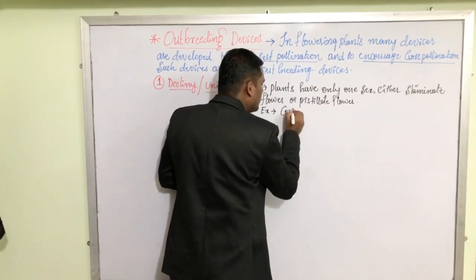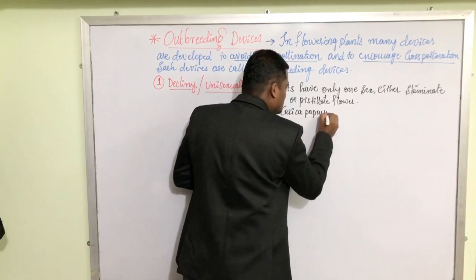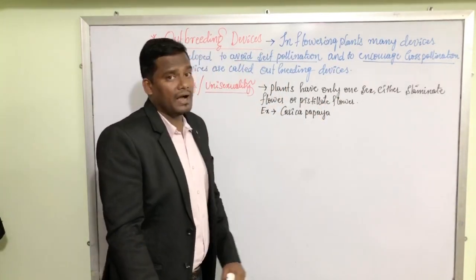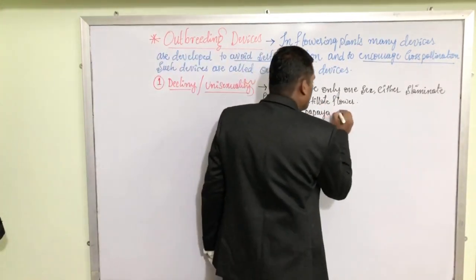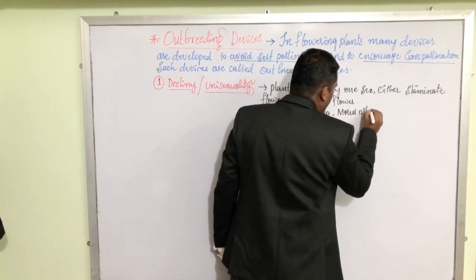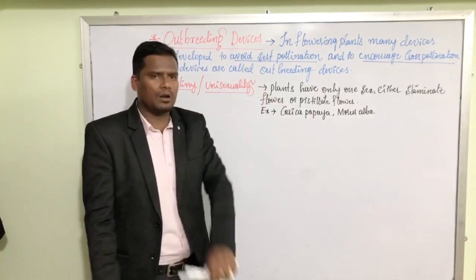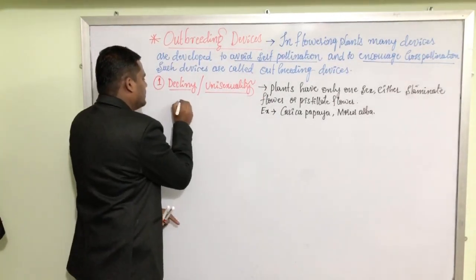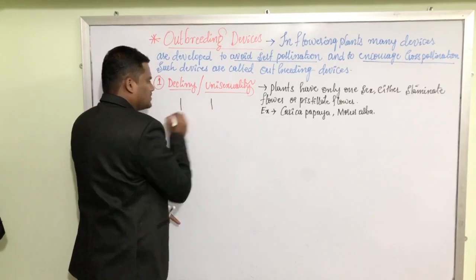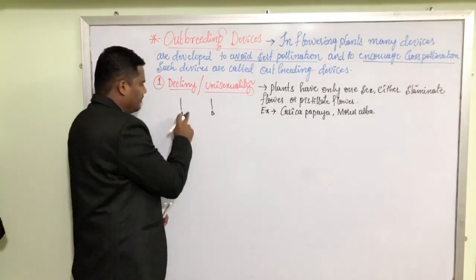The best example for a unisexual plant is Carica papaya. It is the scientific name of the papaya plant. Or Morus alba. These two plants are unisexual plants. That means there are two plants. Suppose this is plant A and plant B here.